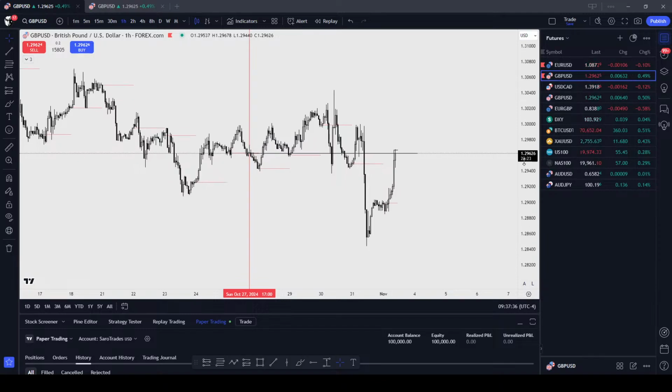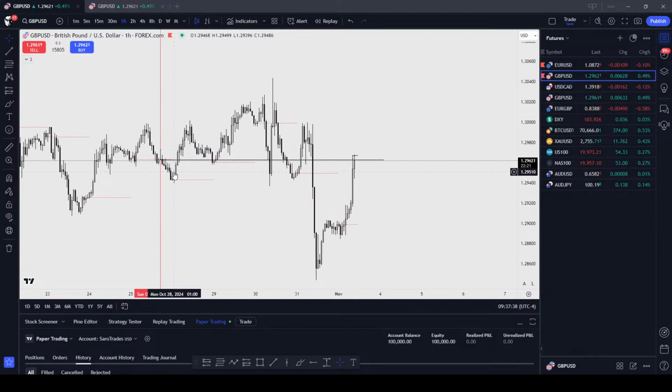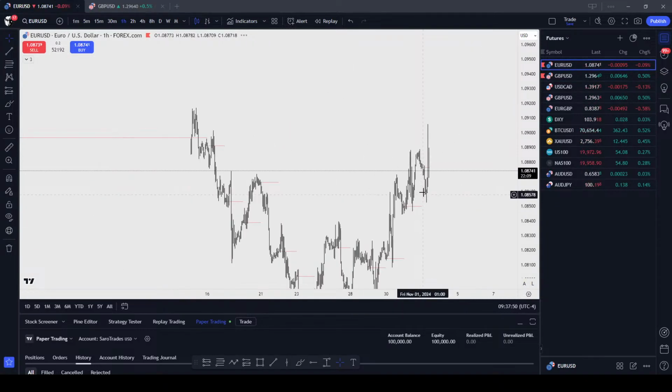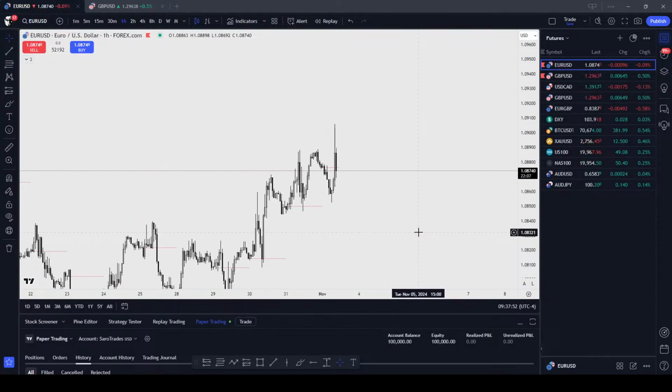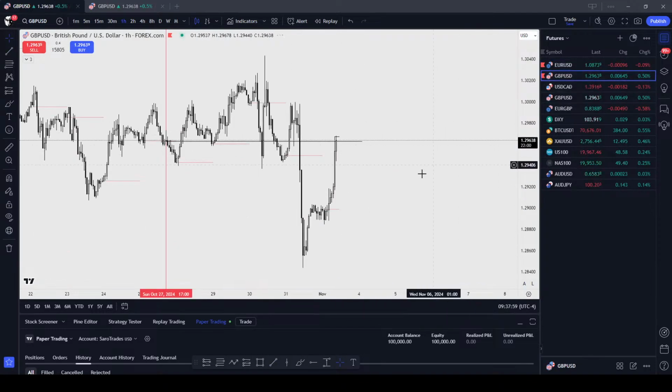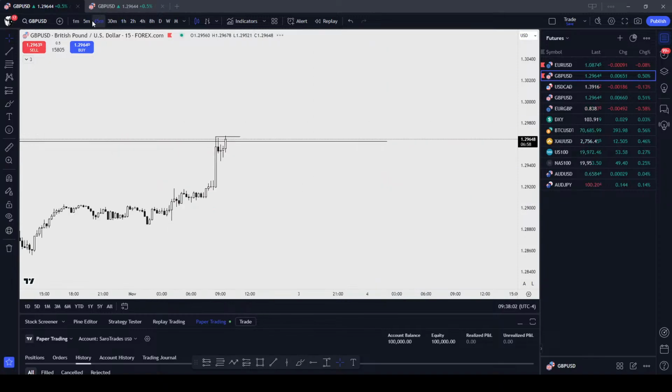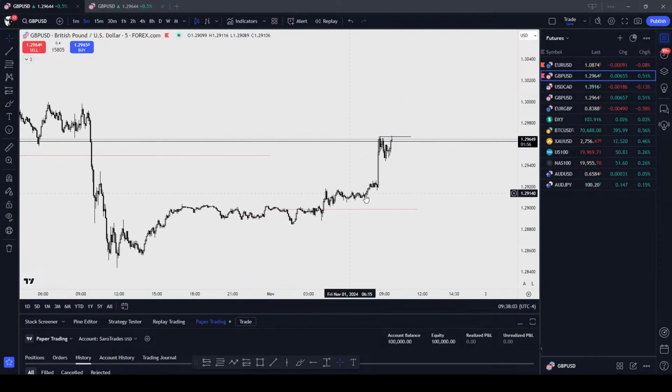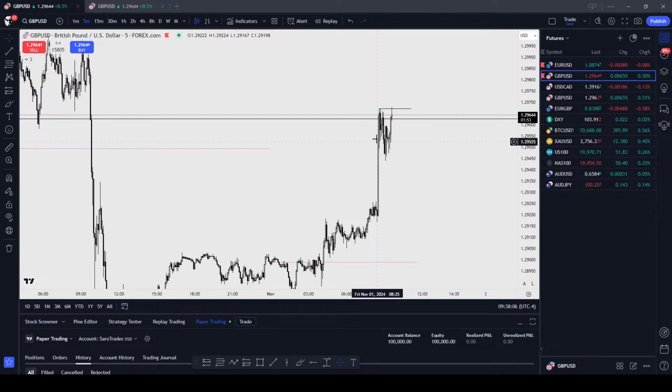Interesting. The midnight of Monday, we're above the weekly open. Euro should also take this low. We're also taking the high of the news candle.